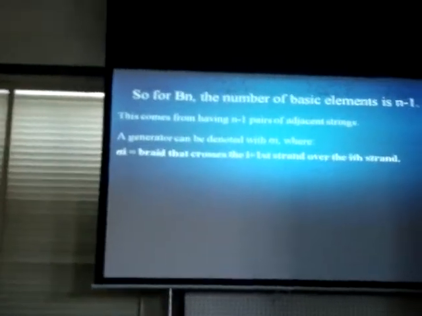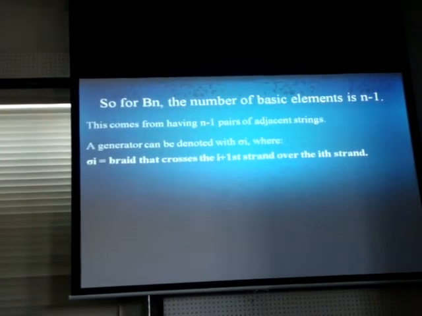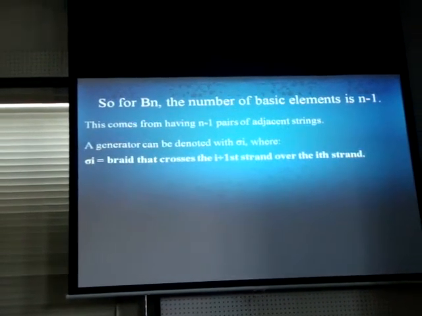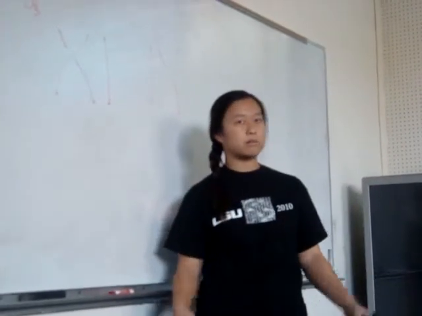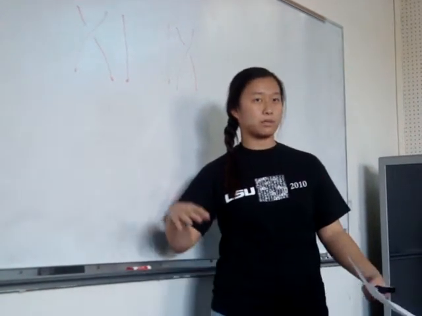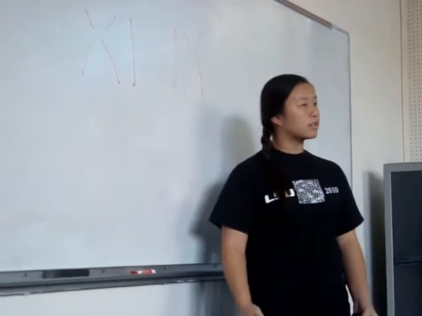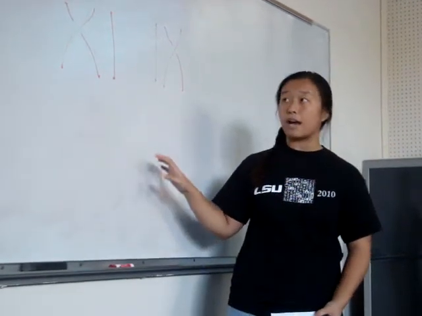And so we got that for the group Bn, there will be n minus 1 basic elements, because there are n minus 1 pairs of adjacent strings. Since our goal is to find a way to write this algebraically, we denote these crossings as sigma sub i.